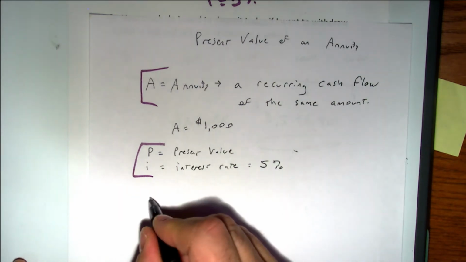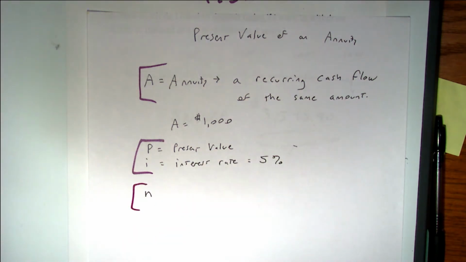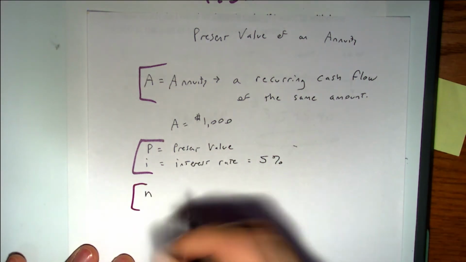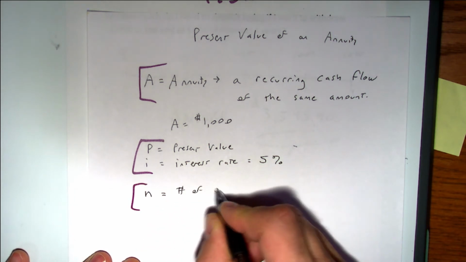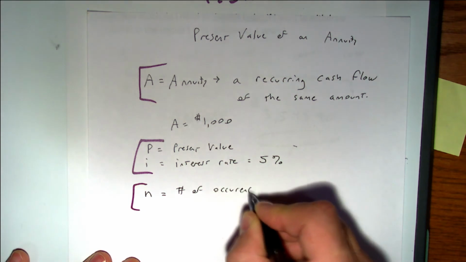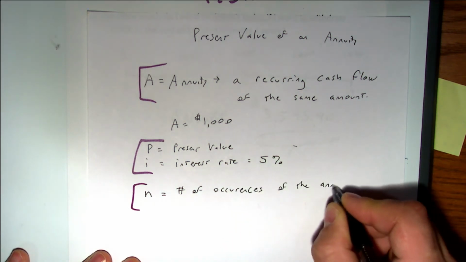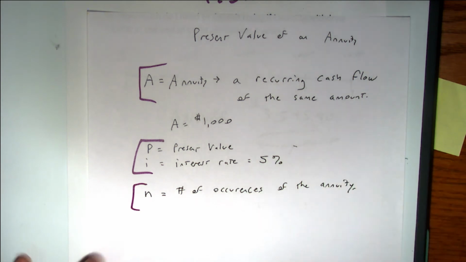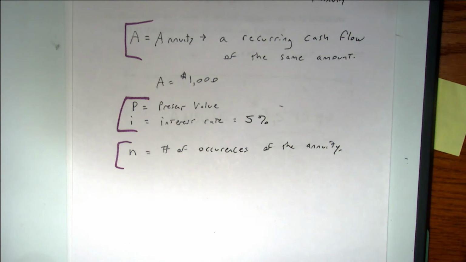But now let's tweak N a little bit. N equals a little something different when we're talking about present value of an annuity. N equals the number of occurrences of the annuity. So, for the example that we did before, what does N equal?